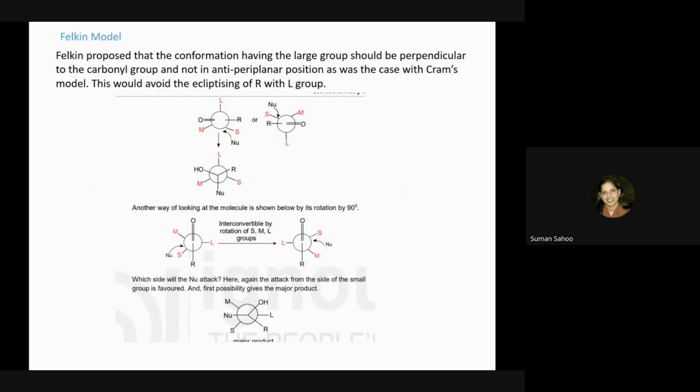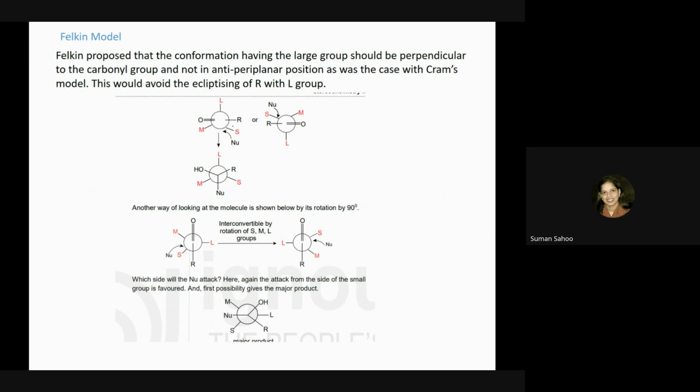Next is your Felkin model. Felkin improvised the Cram model, in which he said that your large group does not have to be opposite to your carbonyl group, but it has to be in a perpendicular way.